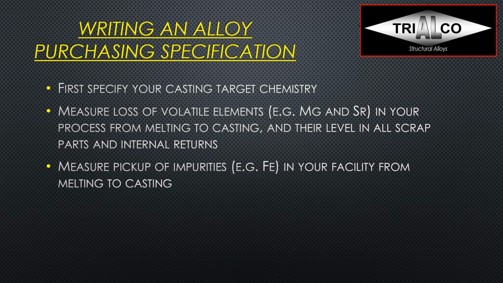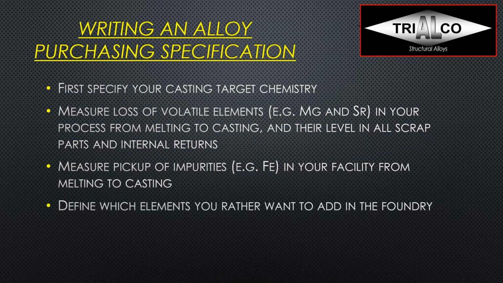And then you want to pick up the impurities, for example, iron. If you bring your metal in contact with iron or steel, whether it's anything that you're using for metal handling or of course your steel dies, you will have a certain iron pickup. You've got to measure that and take it into account. And then define which elements you would rather add yourself in the foundry.